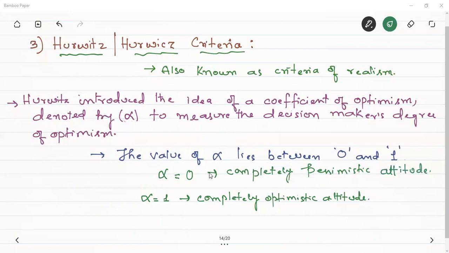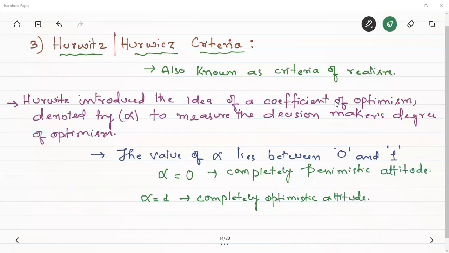In that case, alpha would have been 0, since alpha measures the degree of optimism. When the decision maker's attitude was completely pessimistic, obviously his degree of optimism will be 0. Therefore, alpha is 0 for a completely pessimistic attitude.